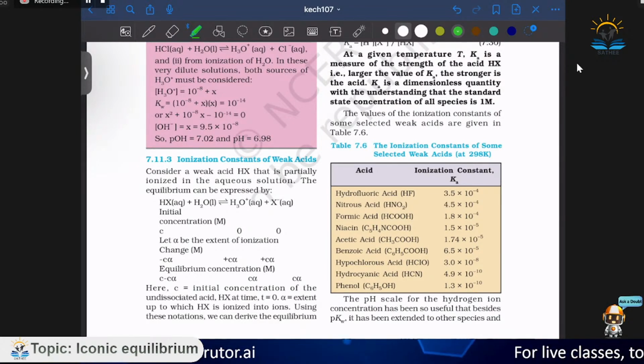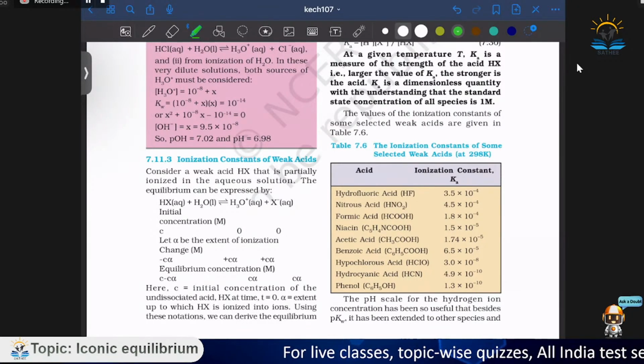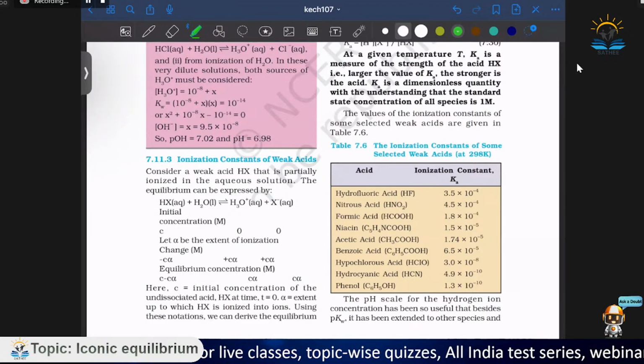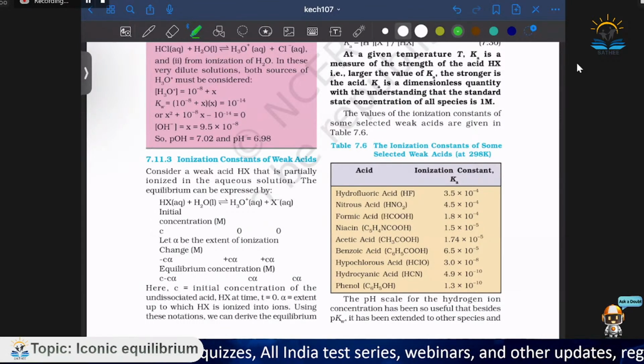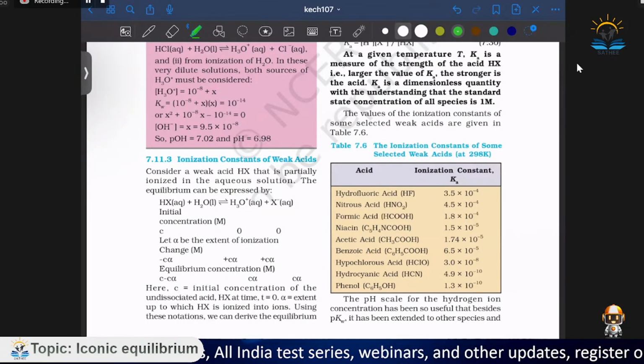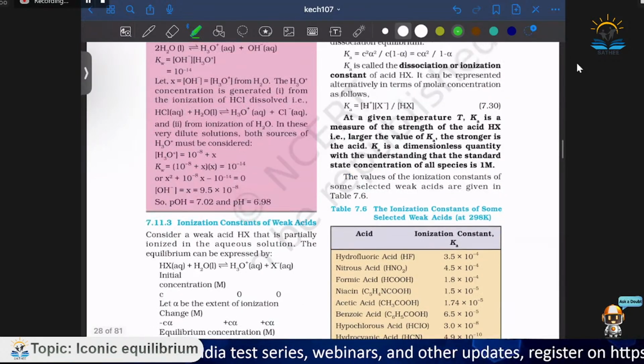Definitely you will ignore, or you will say that the concentration of water will not change because it is a liquid, and it is basically the medium in which the ionic reaction is taking place. So you will assume the concentration of water to be the same, and you will basically ignore water in your equation.